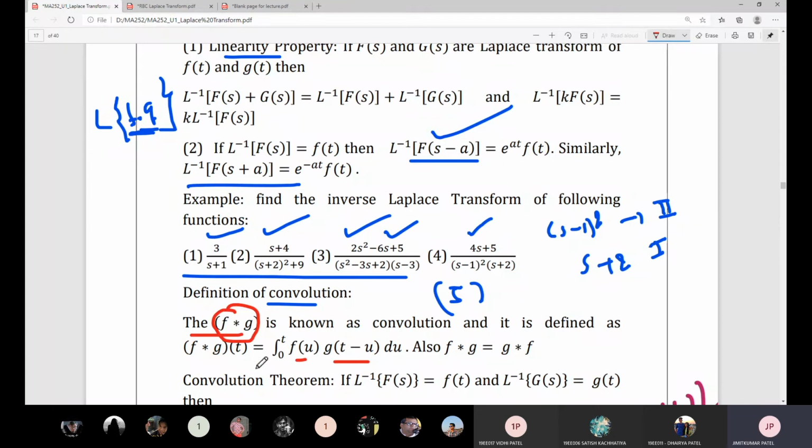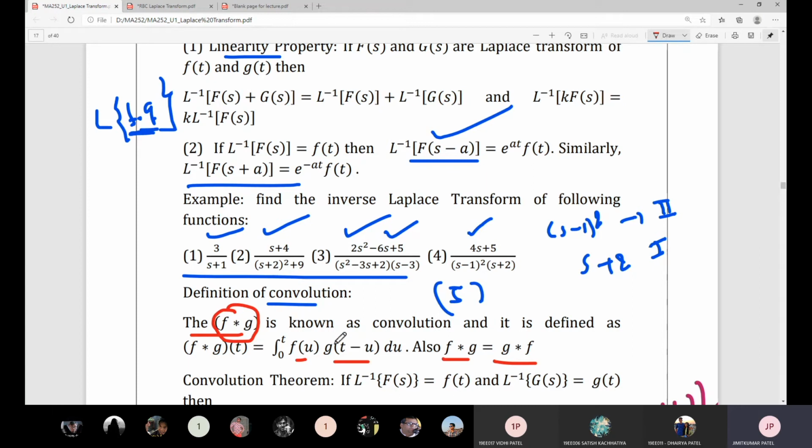This is the definition of the convolution product. It is always true that f star g equals g star f, which means the convolution product is commutative.